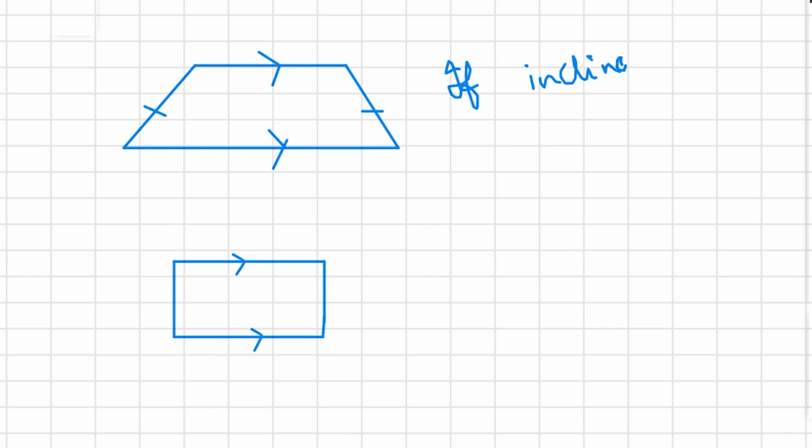Can we go over number 6? Kite. What is a kite? A kite is a quadrilateral which has two pairs of equal adjacent sides.